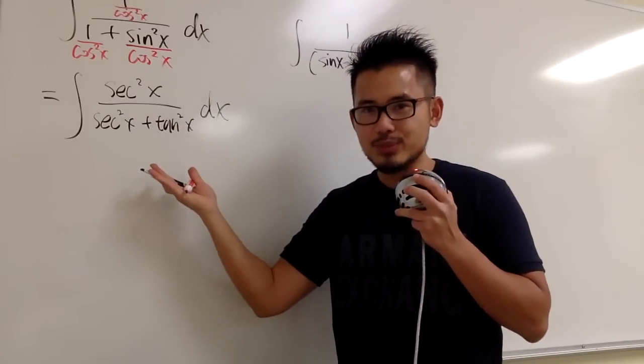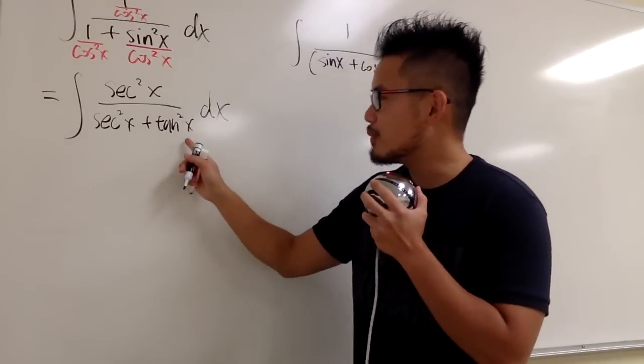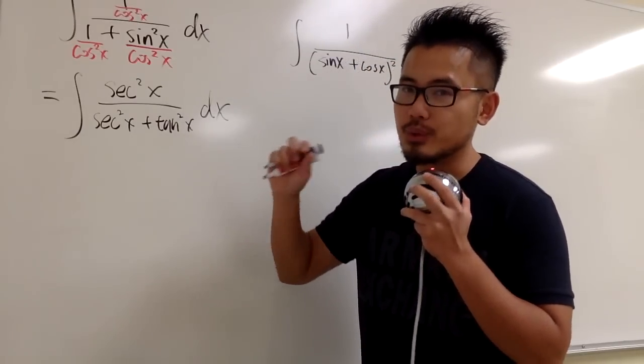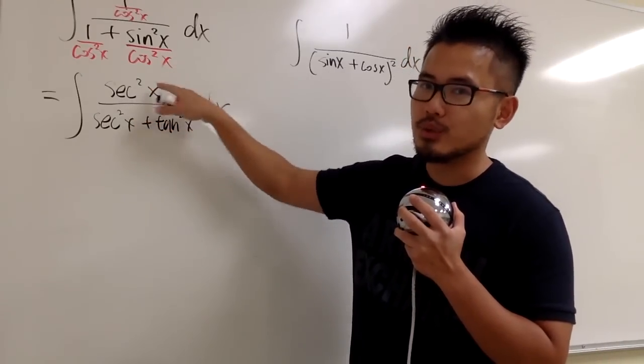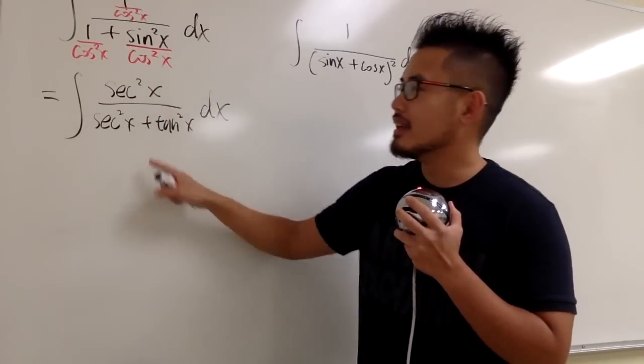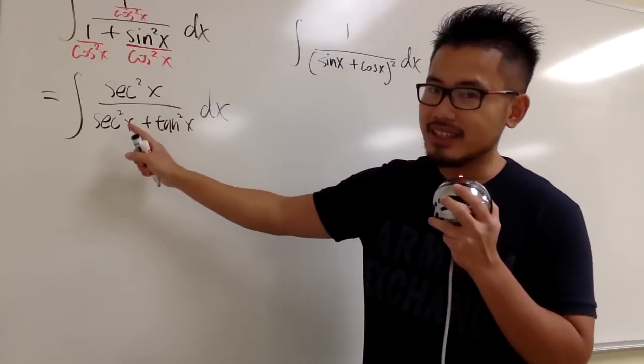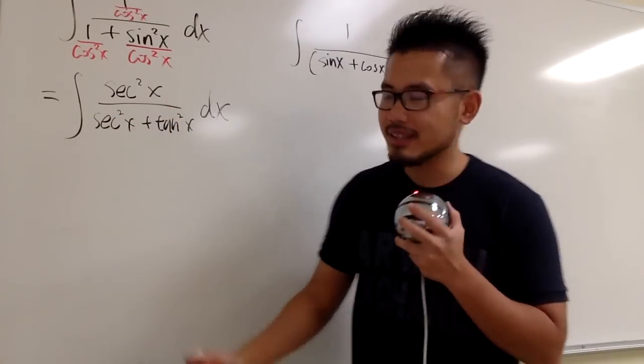Now this is much more doable, because we can use u equal to tangent x, and then du is secant squared x dx, which cancels the 1 on the top. And we can use a trig identity for this one and then simplify it.